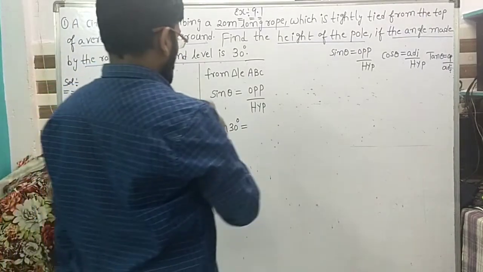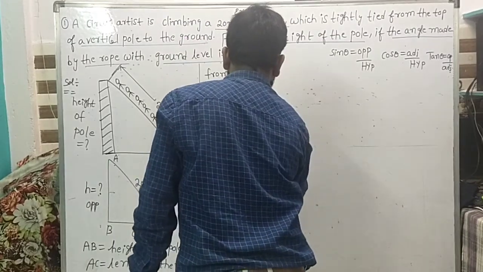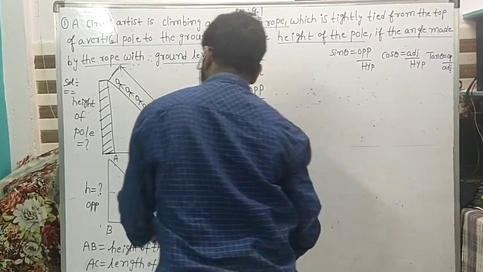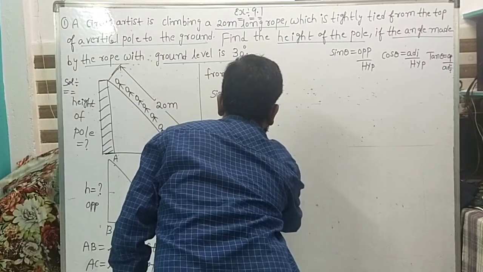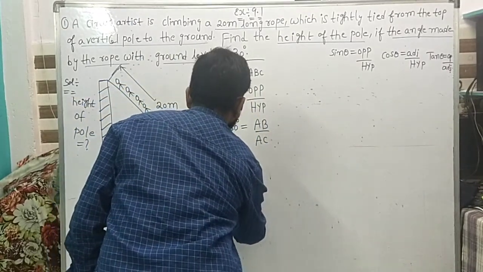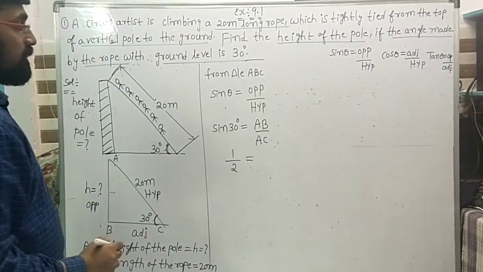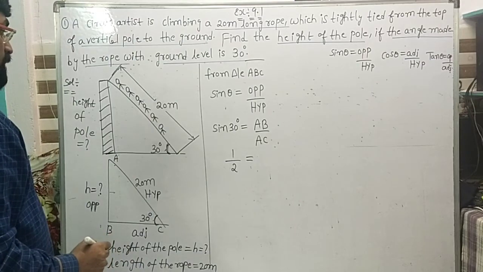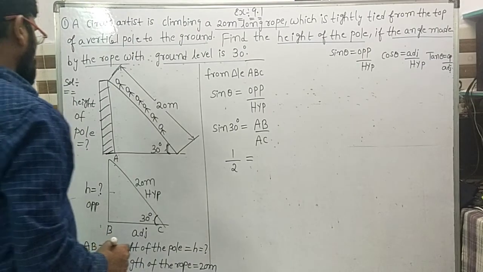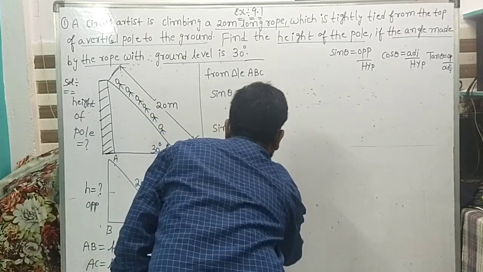Let's start. Opposite is AB by hypotenuse AC equals sin 30. What is the sin 30 value? Sin 30 equals 1 by 2. Next, AB equals h, we don't know; AC is 20.